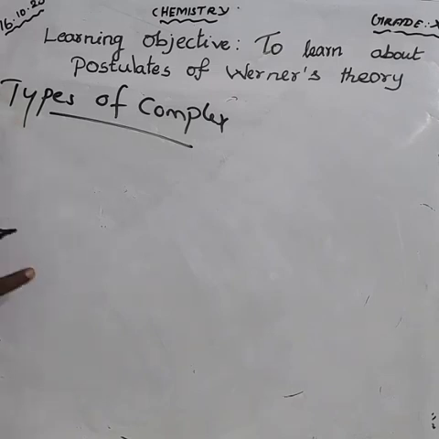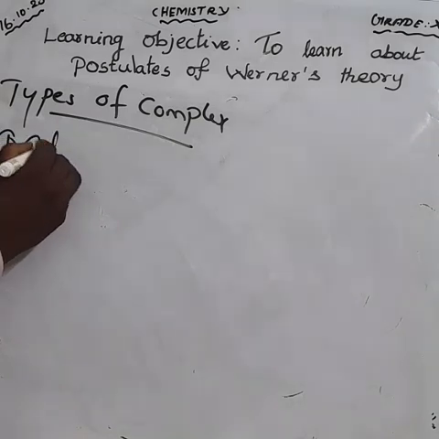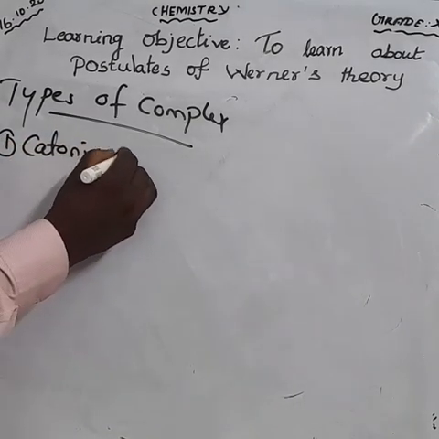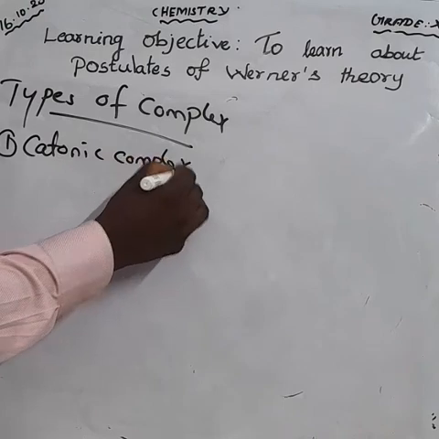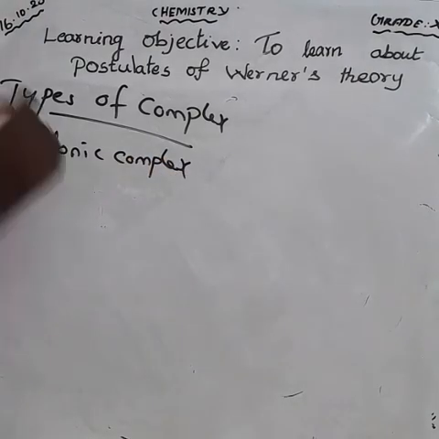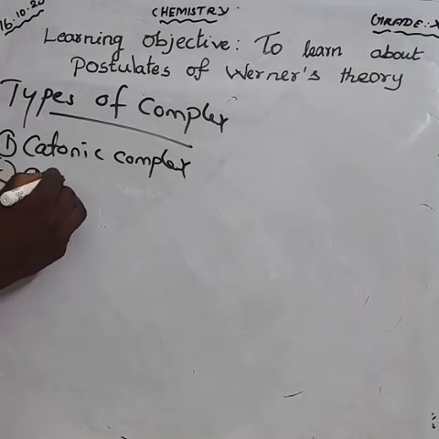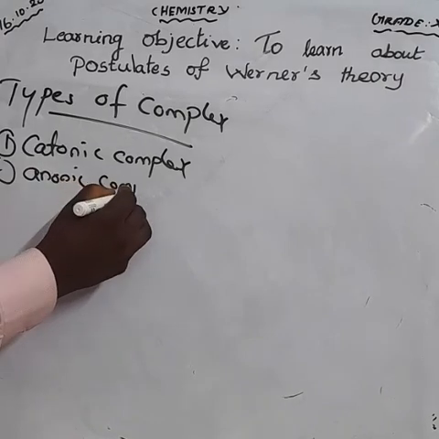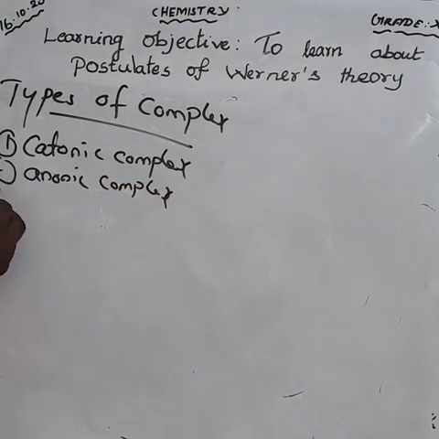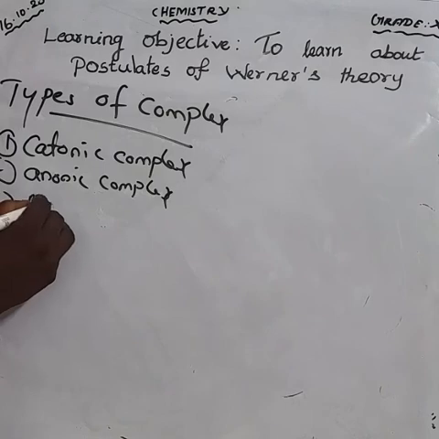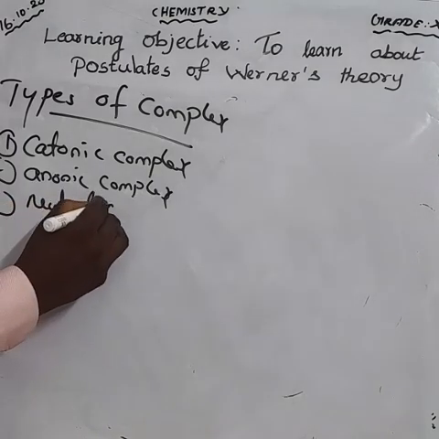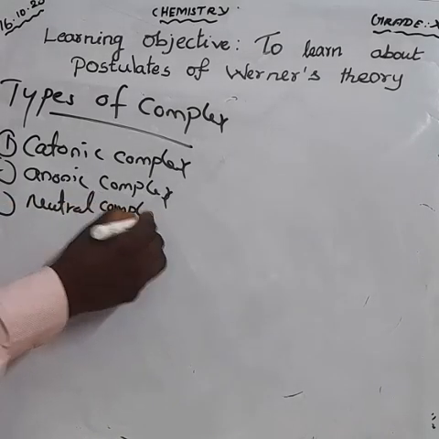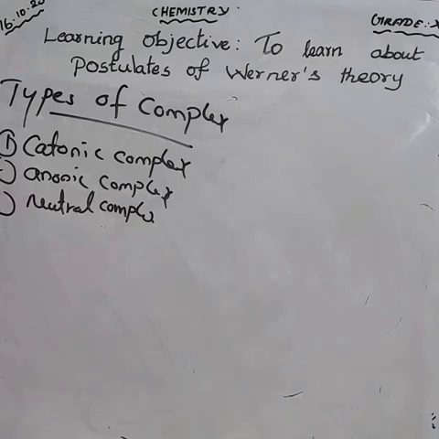We can classify them into three types. Number 1, cationic complex. Number 2, anionic complex. The third one is neutral complex. These are the three types of complex.